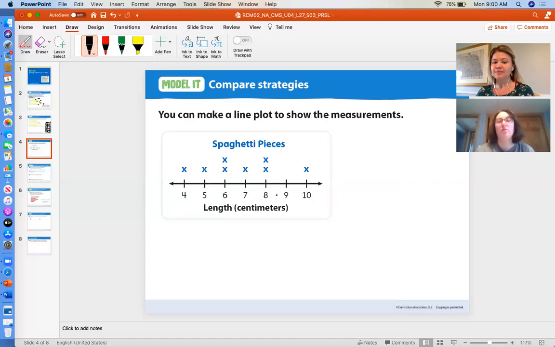They then counted up and put all the numbers in between and they tried to make it evenly spaced. Then they went back to the table or to the picture and they said there was 1 4, I'm going to put an X, 1 5, 2 6s, 1 7, 2 8s, there were no 9s, and there was 1 10. So you're still organizing the information, but you're just putting it onto that line plot.